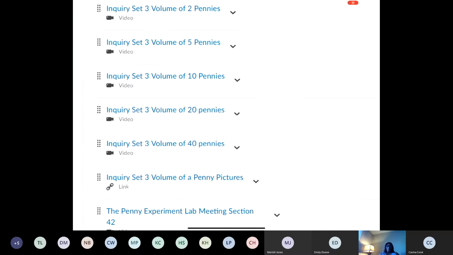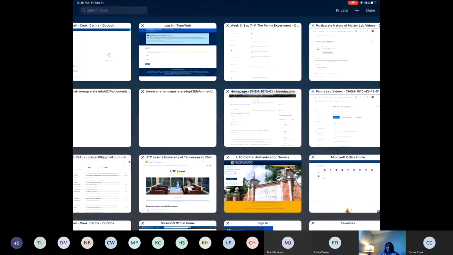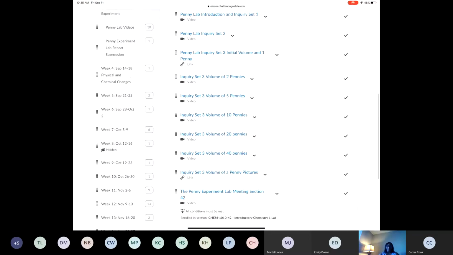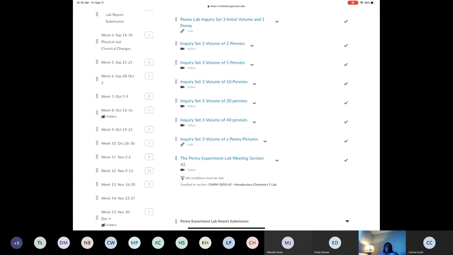Also shown here is where the videos are, the inquiry set 3 videos. There's an initial volume video for the 45 milliliters and the 1 penny, then 2 through 40 pennies. Videos for each of those steps are shown there.